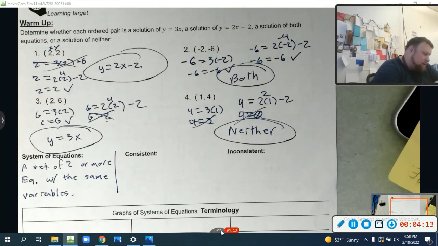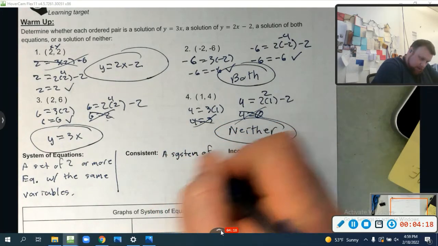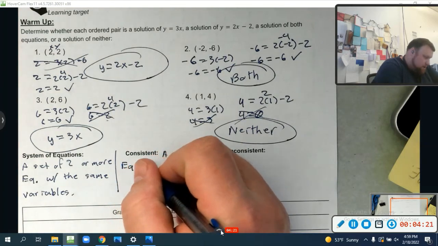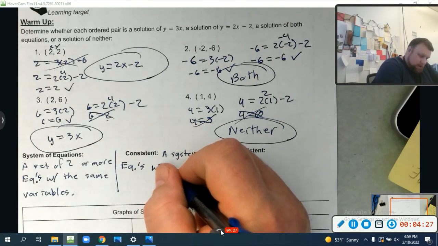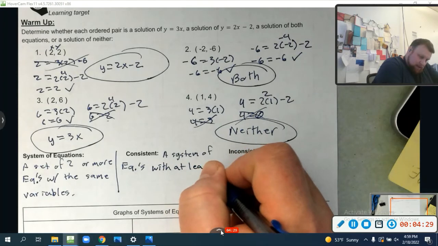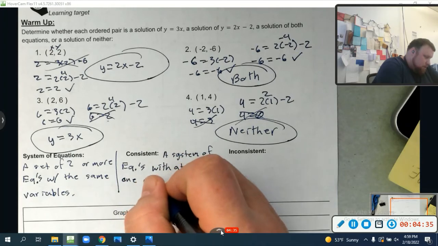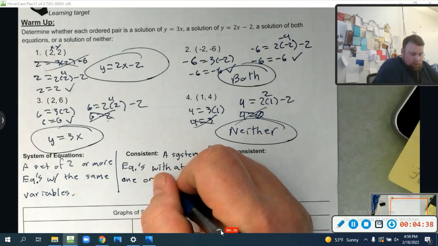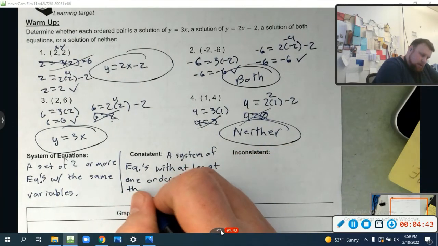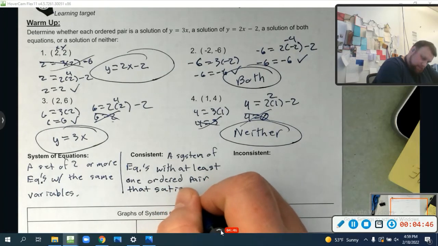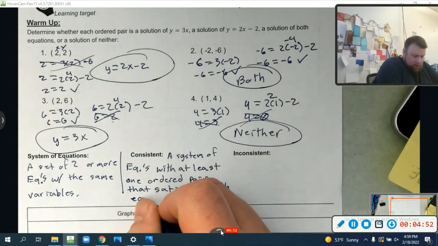All right, consistent. A system of equations with at least one ordered pair that satisfies both equations.